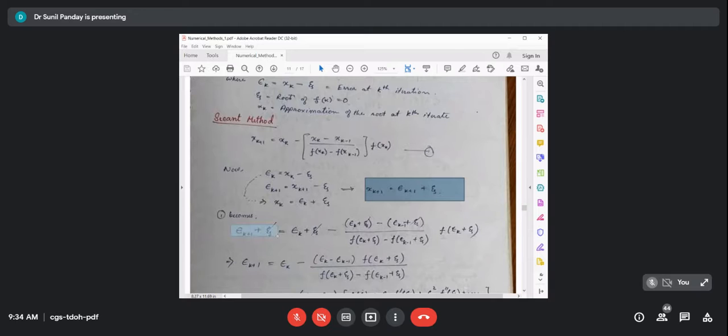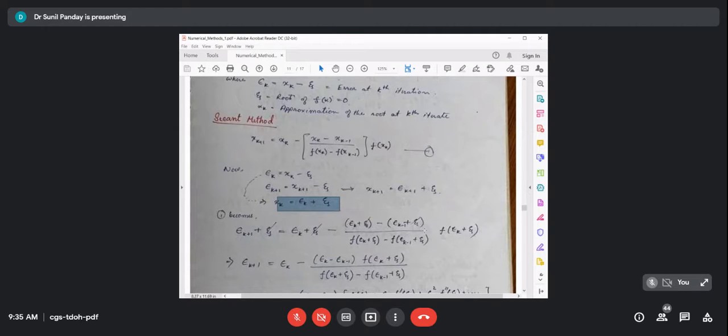So we substituted here epsilon k plus 1 plus xi, and xk is epsilon k plus xi, so we have substituted that in place of xk. Similarly, in place of xk minus 1: since xk is epsilon k plus xi, xk minus 1 is epsilon k minus 1 plus xi.